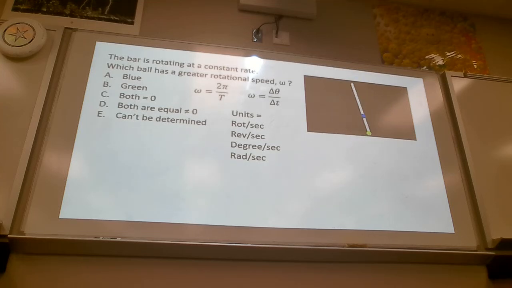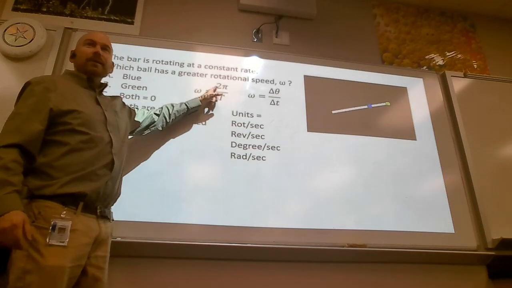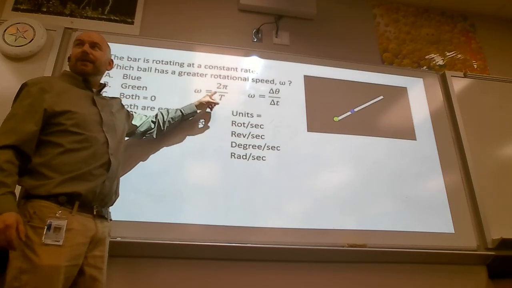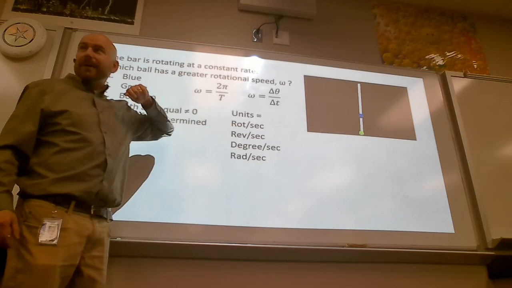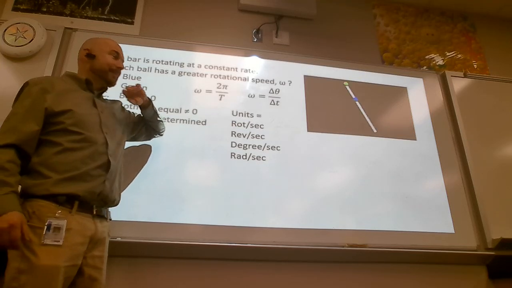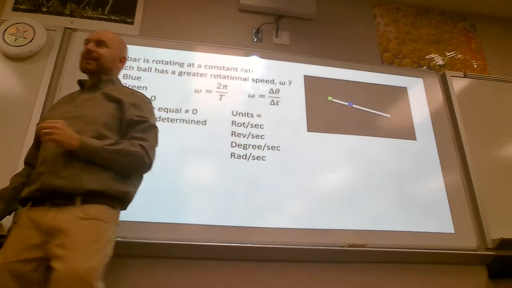Got 2 votes for the same, 3 votes for the same. It is the same. Both are going 360 degrees in the same amount of time. You okay with that? Okay. The rate at which their angle is changing is the same.